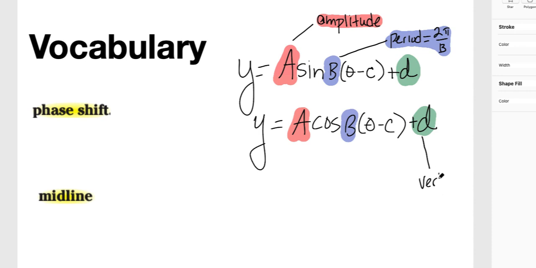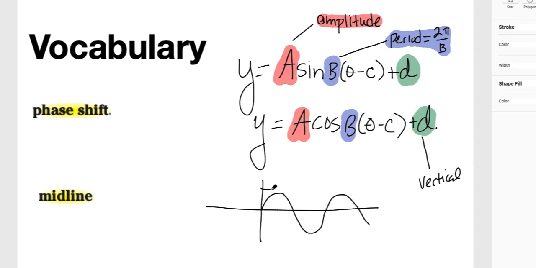Now let's think about this in terms of what we're dealing with. So you know we're dealing with a sine or a cosine function. Let me rock a sine function real quick. We're dealing with a sine function, and no matter what the amplitude is of this sine function, if I take this sine function, whatever it is, and I add a number, what's going to happen is the zero line will shift up. Think about it.